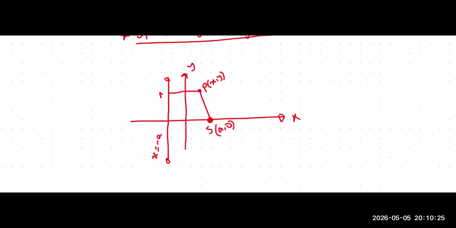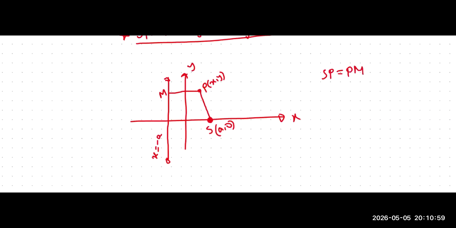If SP is equal to PM, in that case the point x, y will be on our parabola, because if SP is equal to PM, that point P, x, y is equidistant from the focus a, 0 and the directrix line x equal to minus a. So according to the definition of a parabola, this point x, y will be on our parabola if this distance SP is equal to PM.